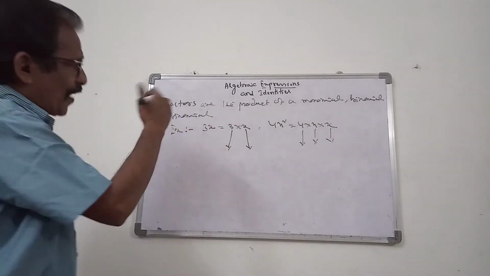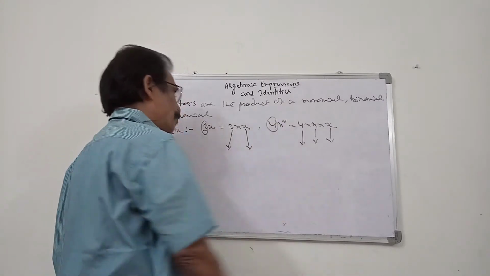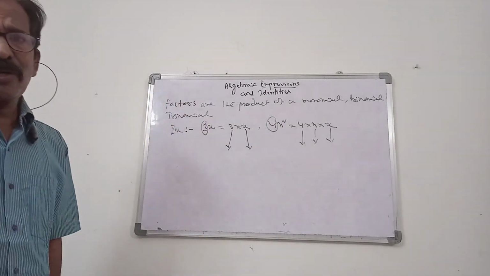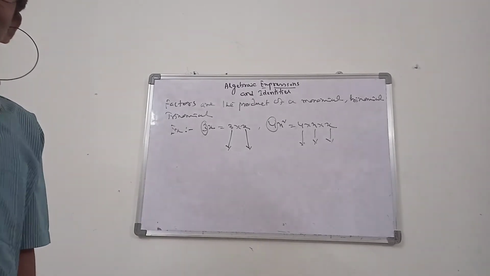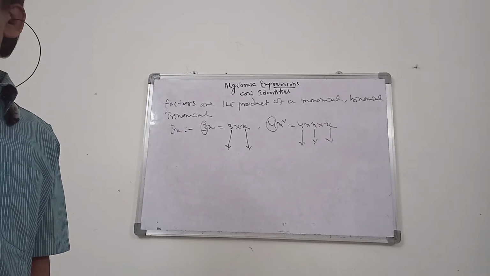Here again, the factors are combined with some numbers. So what are those numbers? Let us discuss that.